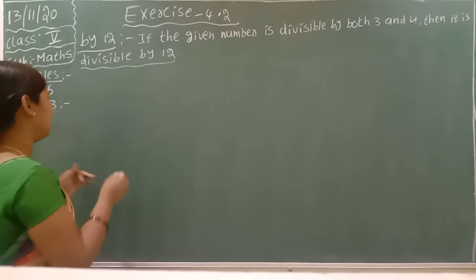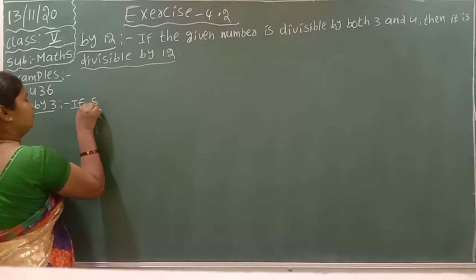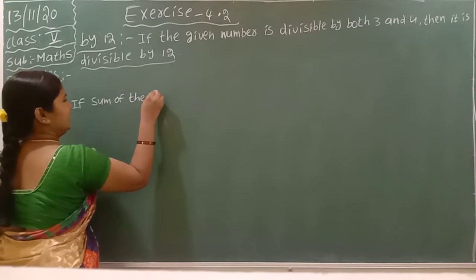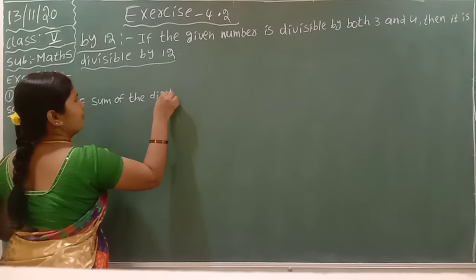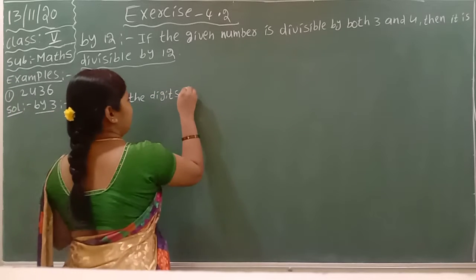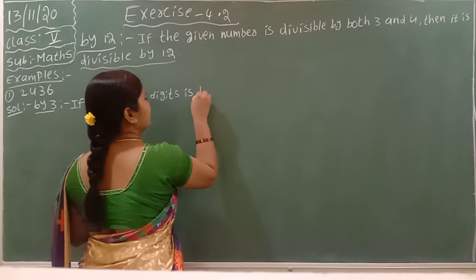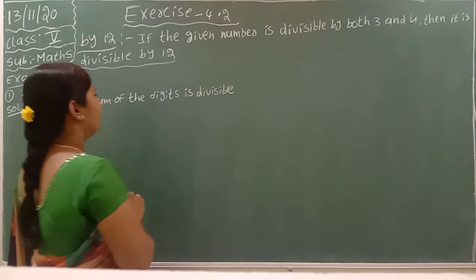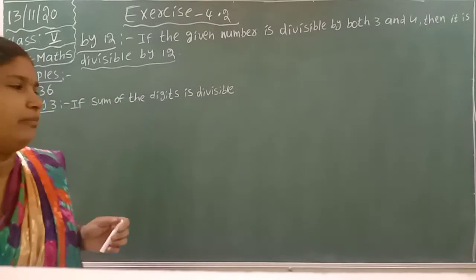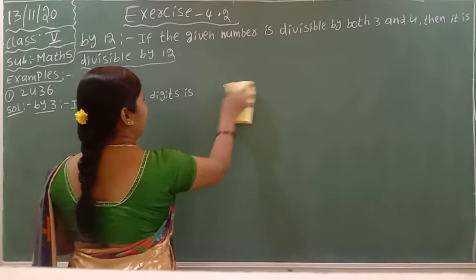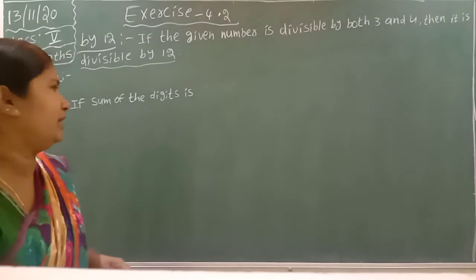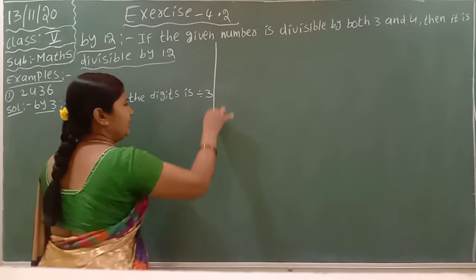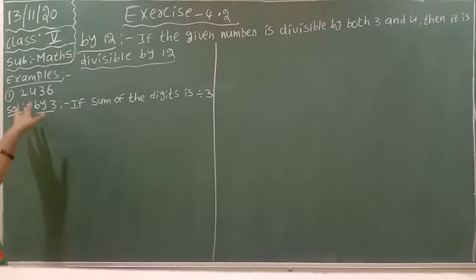If the sum of the digits is divisible by 3, okay, then only the given number is divisible by 3.